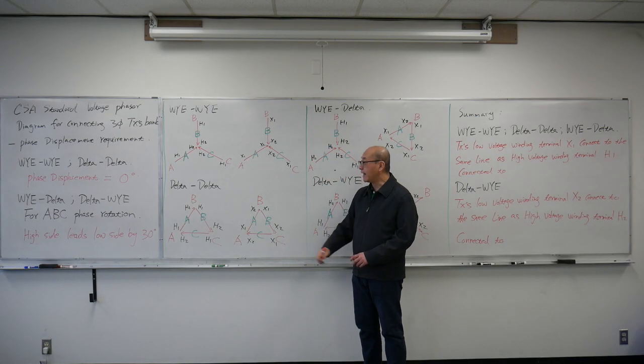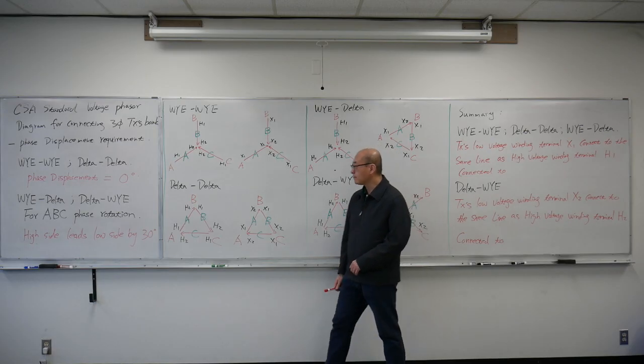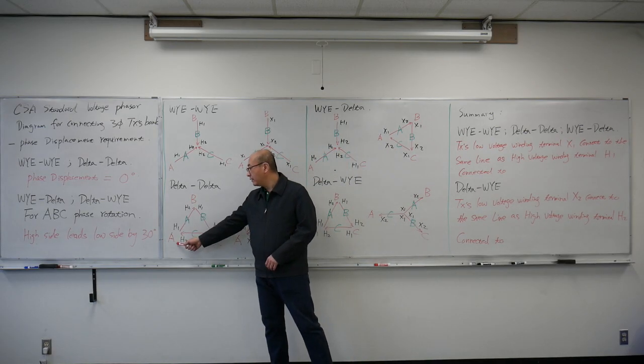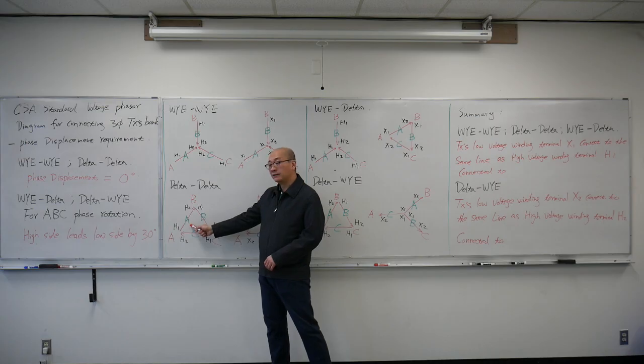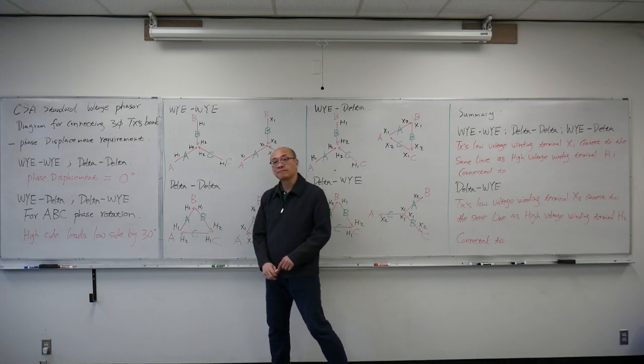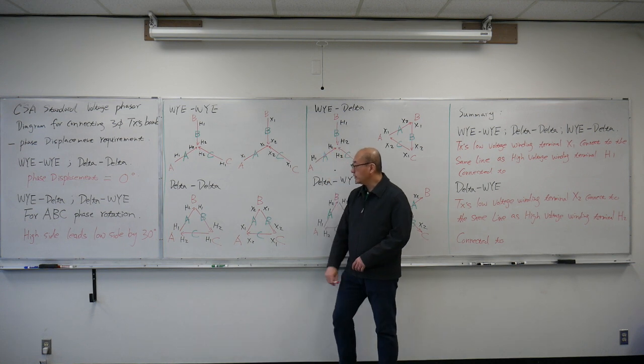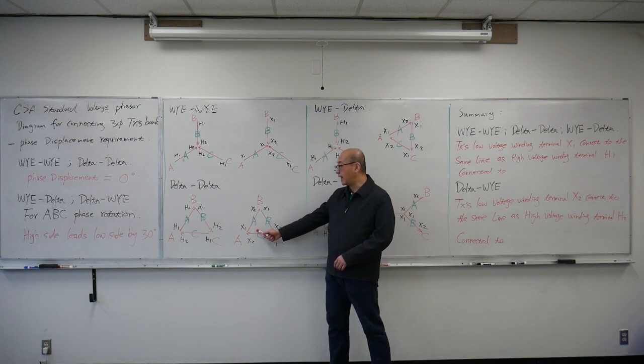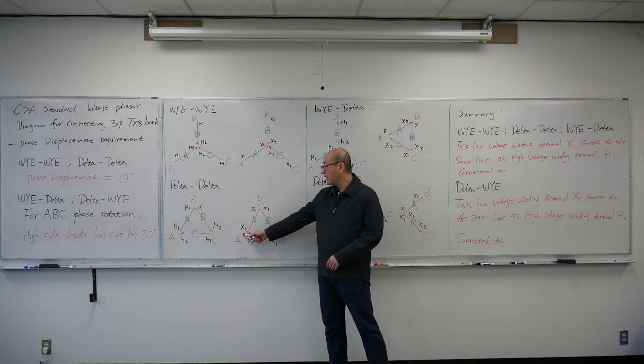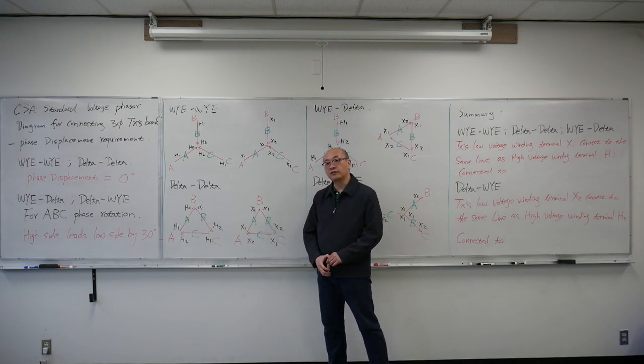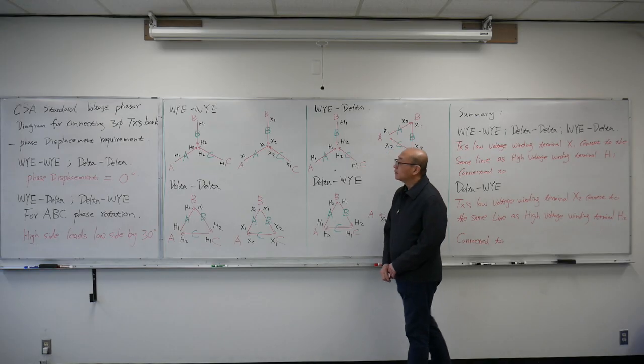For the delta to delta connection, phase A, H1 to H2, is in the 60 degree direction, and the same on the low voltage side: A phase, X1, X2 is in the 60 degree direction.